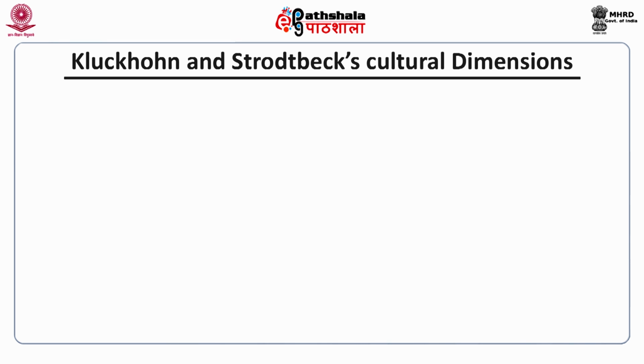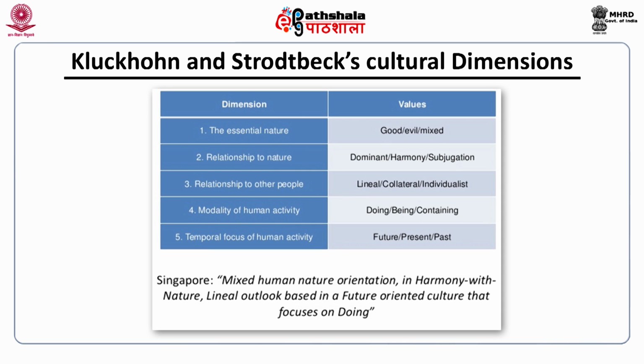Kluckhohn and Strodtbeck's cultural dimensions. The dimensions include: first, the essential nature; second, relationship to nature; third, relationship to other people; fourth, modality of human activity; fifth, temporal focus of human activity.